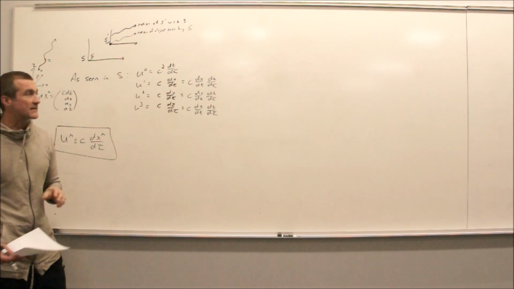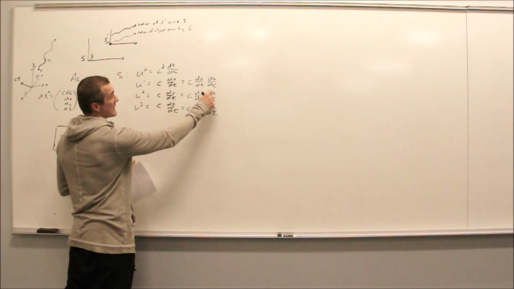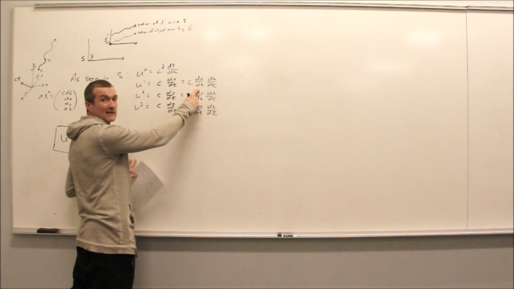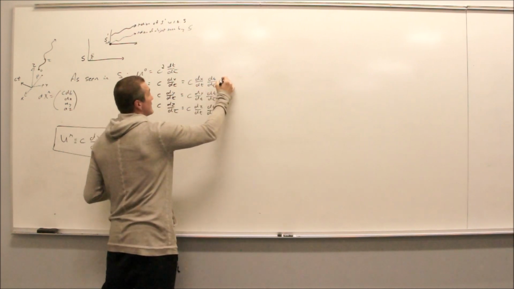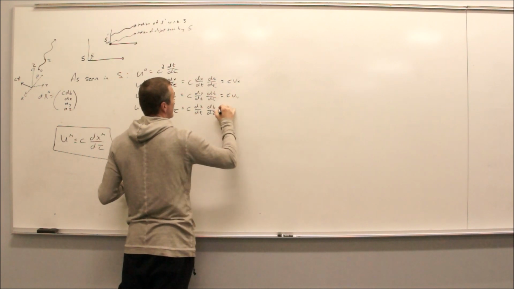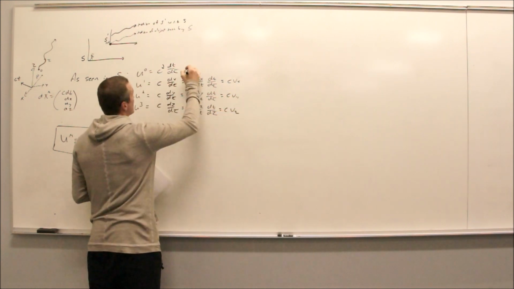But there's some niceties that come with this. First of all, now every factor has a dt d tau. Secondly, what the hell is dx dt? It's V. It's v sub x. So this is c v sub x times something, c v sub y times something, and c v sub z times something.